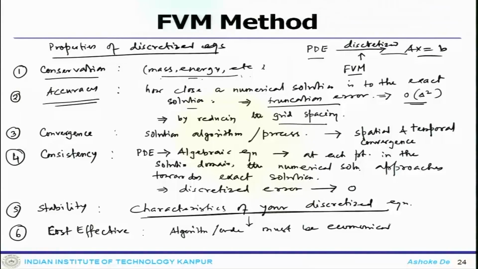Here, economical does not mean in terms of money, it is essentially in terms of computational overhead. That means how much computational cost is associated with this particular algorithm or code that you have obtained.